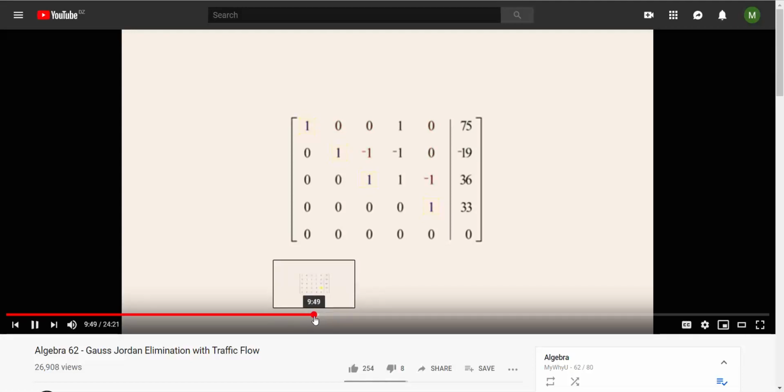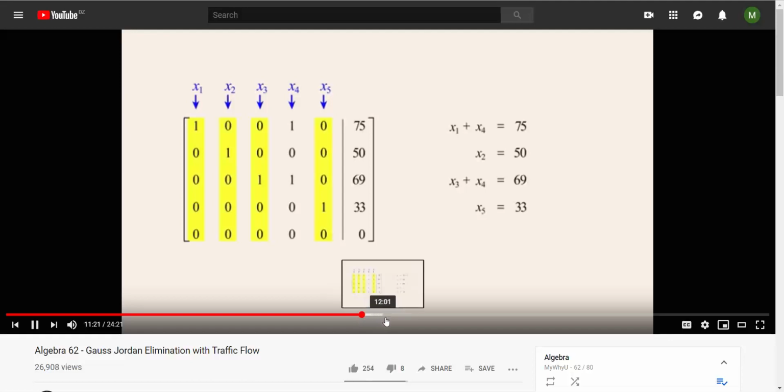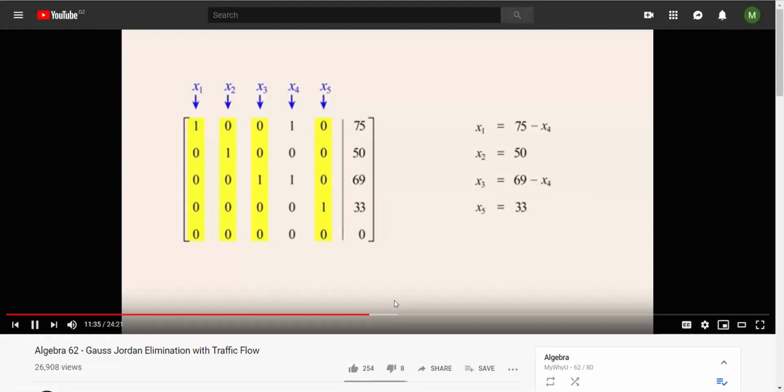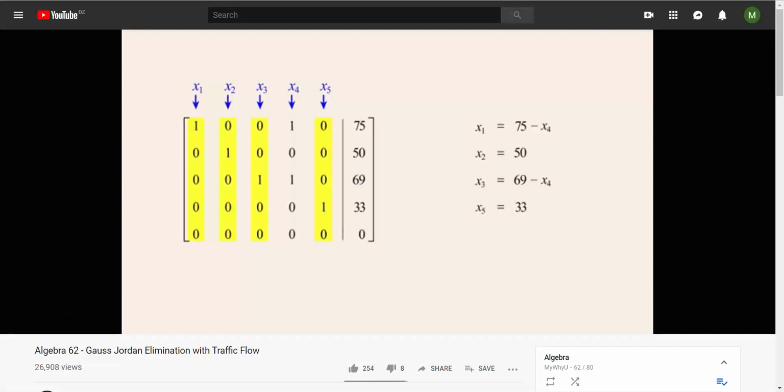Starting with the non-zero entry, we move to the leading entry of the third row. We also saw, when writing parametric equations to describe these solutions, the variables associated with pivot columns, and then we rearrange the equations so that the dependent variables are alone on the left side. This gives us equations that express the dependent variables x1, x2, x3, and x5 as functions of the free variable x4.